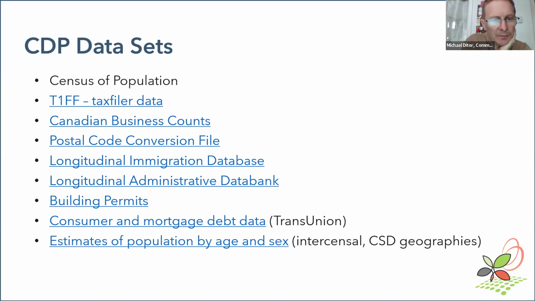This is listed here, in somewhat broad strokes. Census is sort of at the heart of what we get for the program, but we also get tax filer data that's from the T1 family file. That's a yearly data source, and you get information on income and family status and age and certain other variables based around the census family unit.